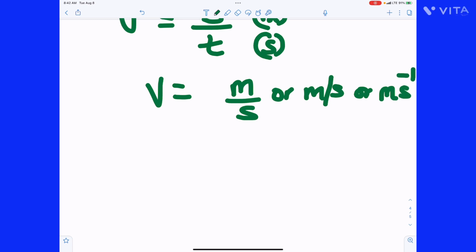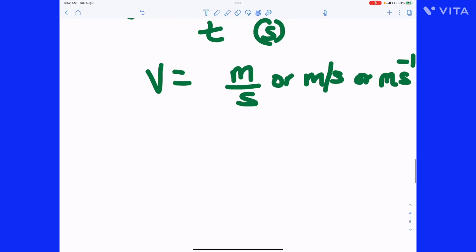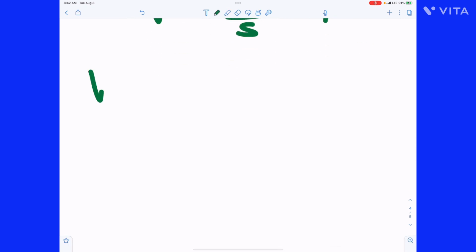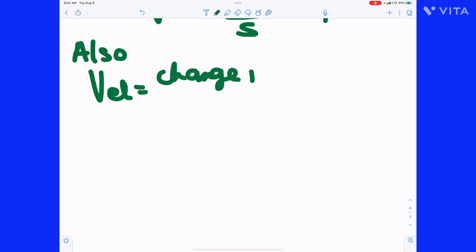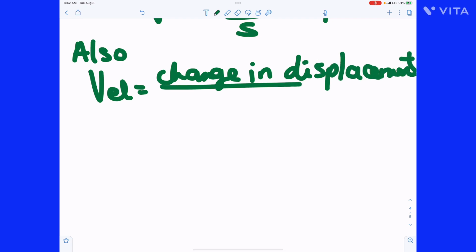So same thing, velocity. Let's go to the formula for velocity. Velocity is equal to change in displacement over time taken.